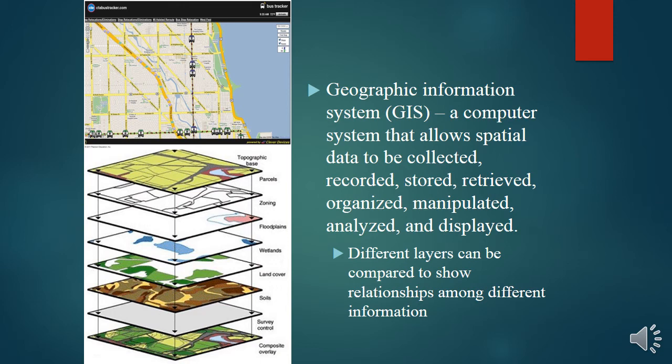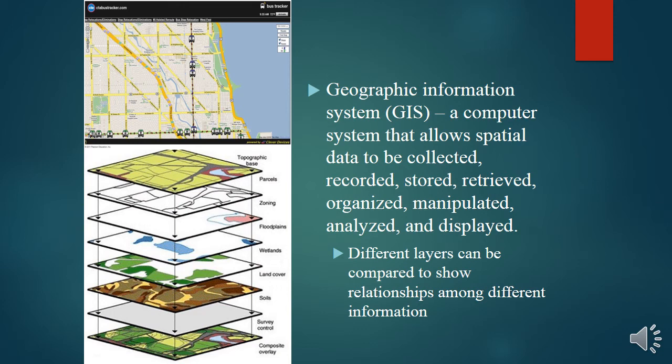Most commonly, GIS is going to be used by us in class or even by geographers to create layers of map data that can be laid on top of each other to show relationships between different kinds of information, right?